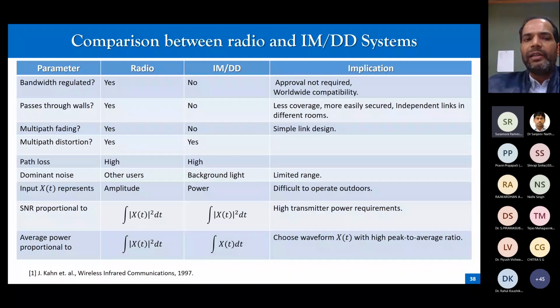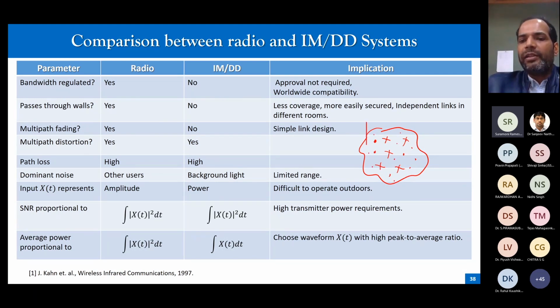Why doesn't it happen? Because the receiver size or aperture is much larger than the wavelength of the light. So at one point you can have constructive interference, at another point destructive interference, constructive, destructive, and so on.